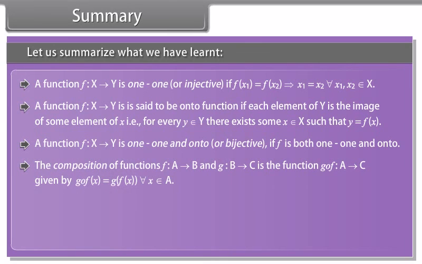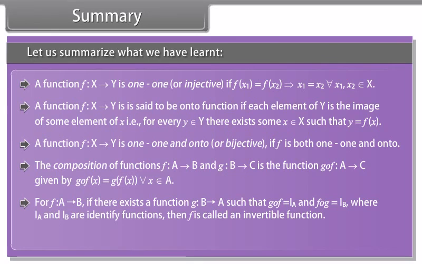The composition of functions f from A to B and g from B to C is the function g∘f from A to C given by (g∘f)(x) = g(f(x)) for each x belongs to A. For function f from A to B, if there exists a function g from B to A such that g∘f = I_A and f∘g = I_B, where I_A and I_B are identity functions, then f is called an invertible function.